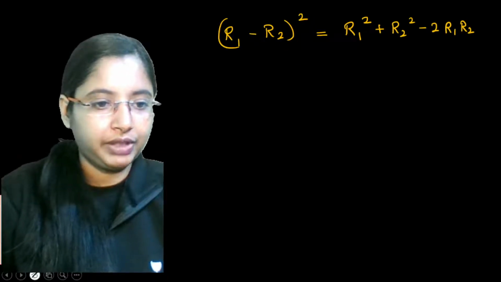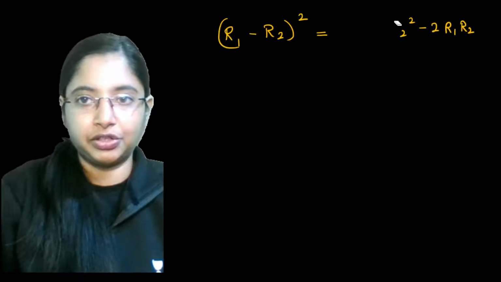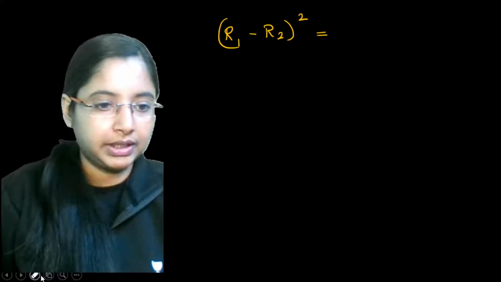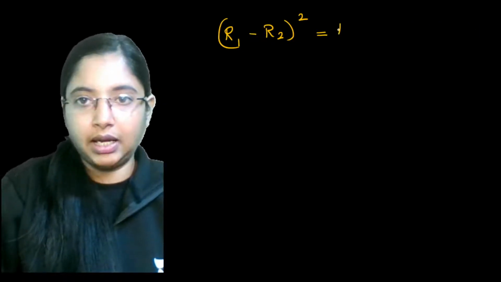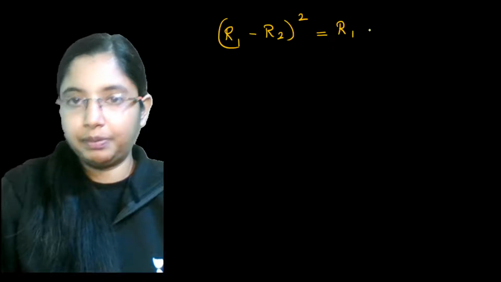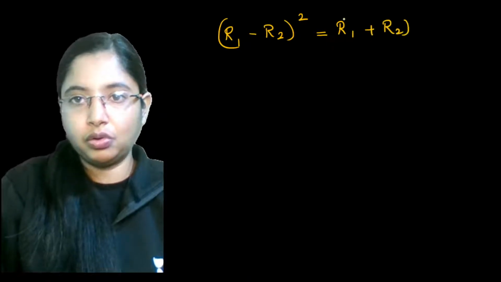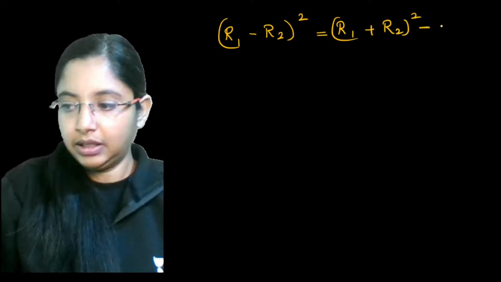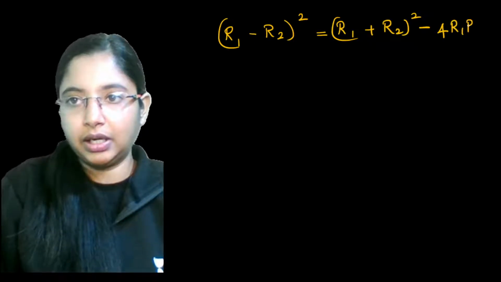Instead of doing this, we will take an even simpler approximation. This particular value is equal to R1 plus R2 the whole square minus 4 R1 R2.